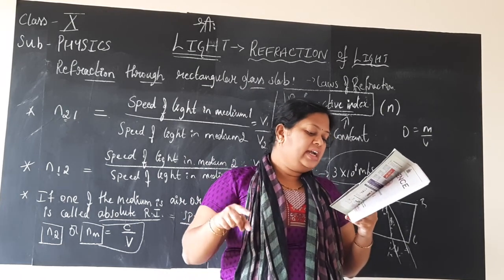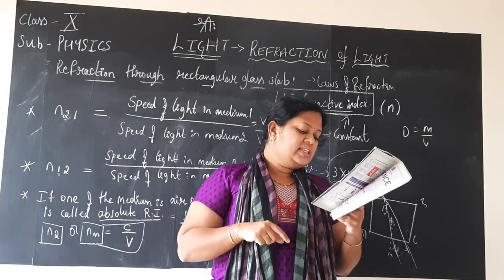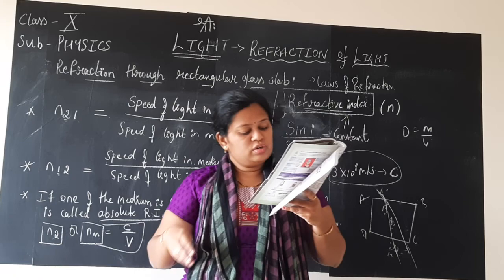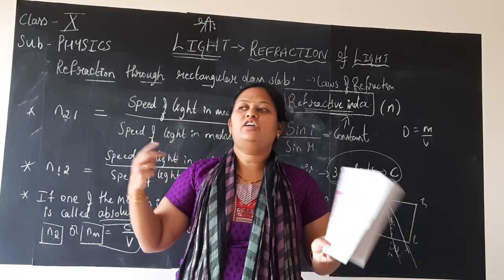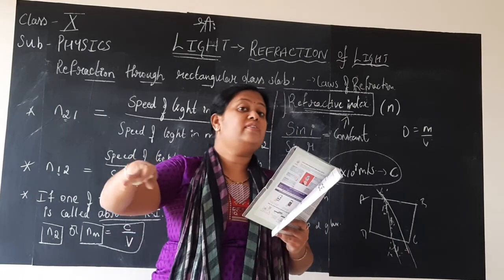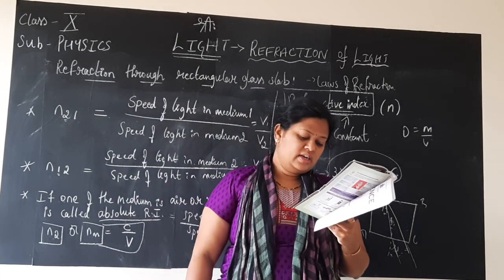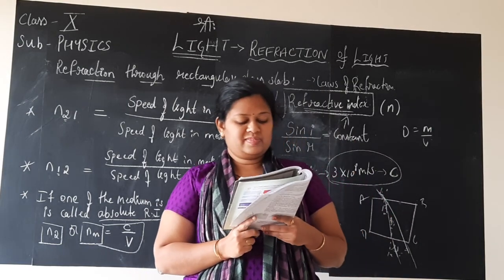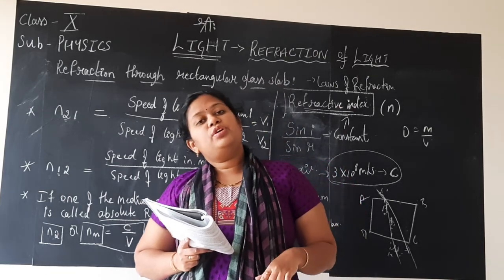The speed of light is higher in a rarer medium than in a denser medium. Thus, a ray of light traveling from a rarer medium to a denser medium slows down and bends towards the normal. When it travels from a denser to a rarer medium, the speed of light will be more and hence it bends away from the normal. So that's it, children. Optically denser, optically rarer: how do you define?